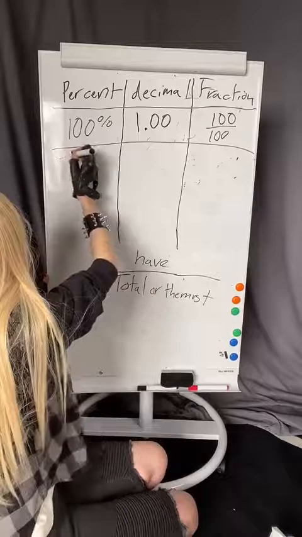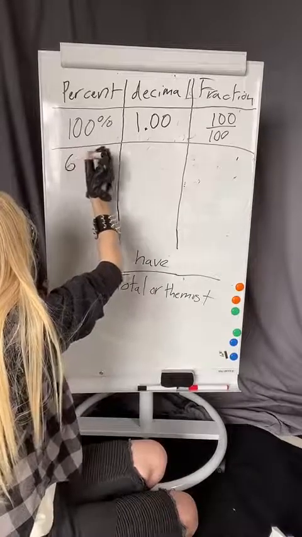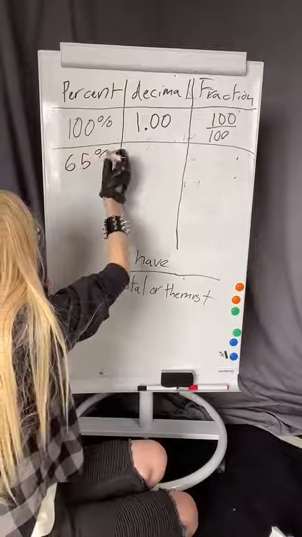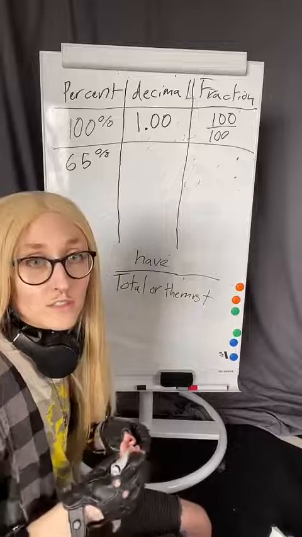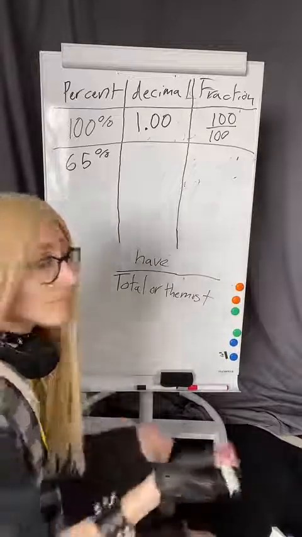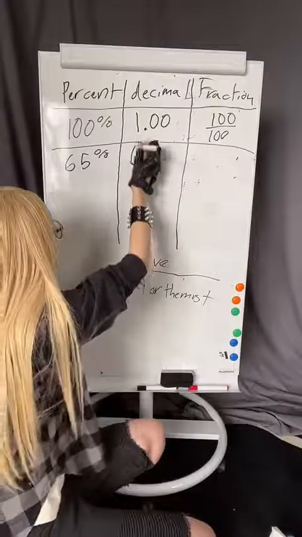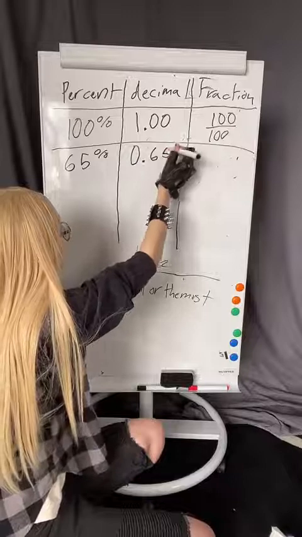All right, let's say I have 65%. Well, if I have 65%, what that's going to look like as a decimal is going to be 0.65.